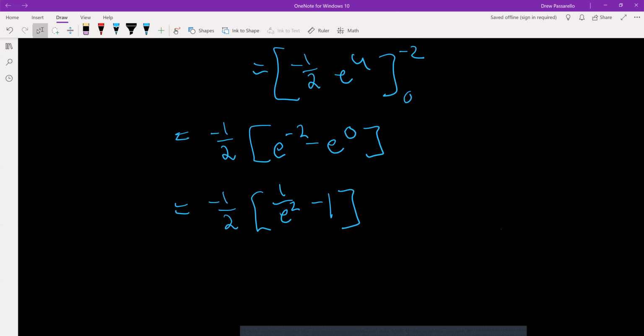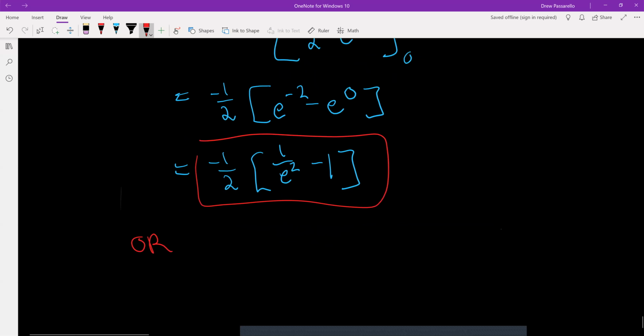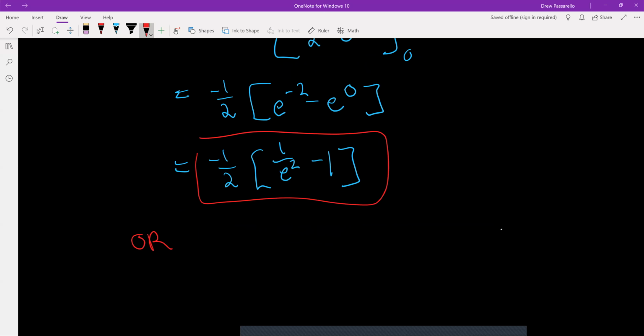And this is technically the answer. So we could have the answer written like this. Or if you want to make the 1/2 positive, you could bring the negative inside. So it'd be 1/2 times, and then you switch the order, 1 minus 1 over e squared. That's equivalent.